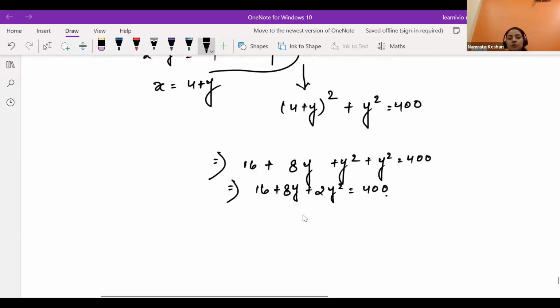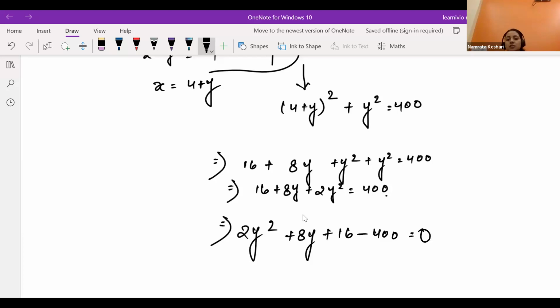Now we need to solve it from the left side. We can take out 2 common, or if you want to bring this 400 first, you can do anything. 2y square plus 8y plus 16 is already there, minus 400 will also be there, is equals to 0.